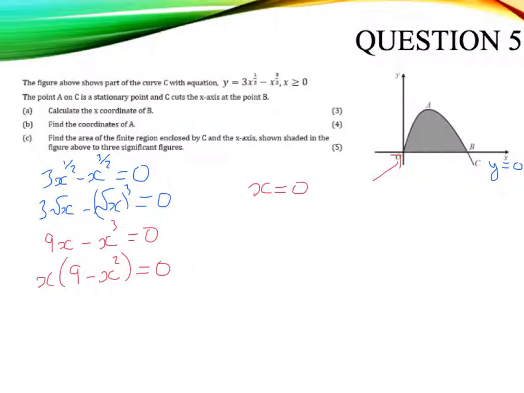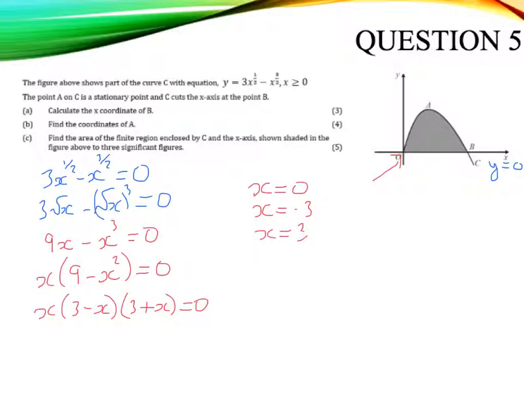Let's deal with this bracket now. 9 minus x squared. I'm hoping that you've noticed that this is a difference of 2 squares. So this will factorise to be 3 minus x and 3 plus x, giving me 2 more possible solutions. We could also say that x can be minus 3 and x can be 3.